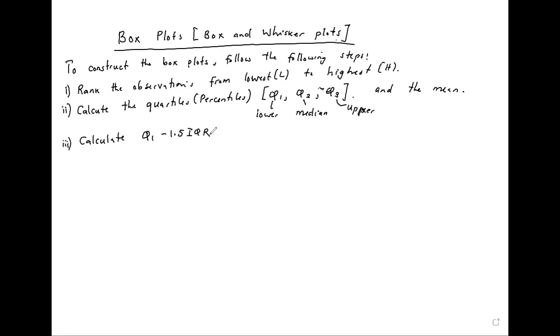So you multiply the interquartile range by 1.5, so that if an observation falls below the figure that you obtain here, below quartile 1 minus 1.5 times the interquartile range, then it is an outlier.